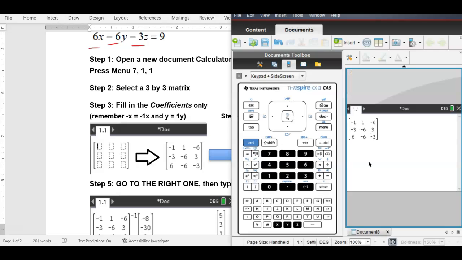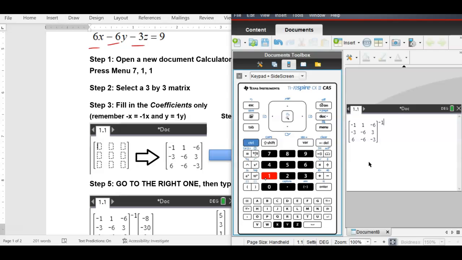Okay, so it looks like this. Outside, you can see that the bar is like this on the outside. And press caret, negative sign, 1. Does everyone have a 3 by 3 matrix with all the coefficients and a little negative 1 in the exponent? Okay, very important.